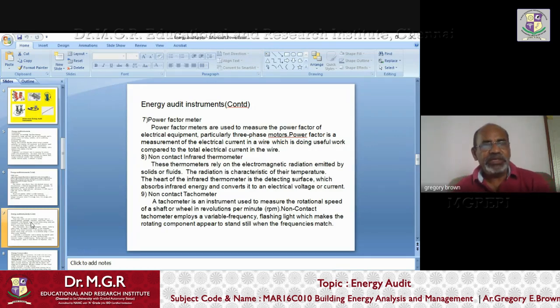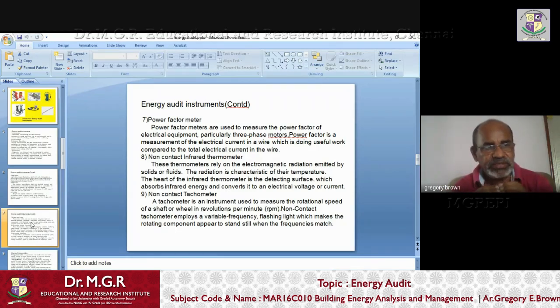Okay, so unless it does 100 revolutions for the particular power it is consuming, say 50 or 100 watts, it has to do, let's say, 100 revolutions.